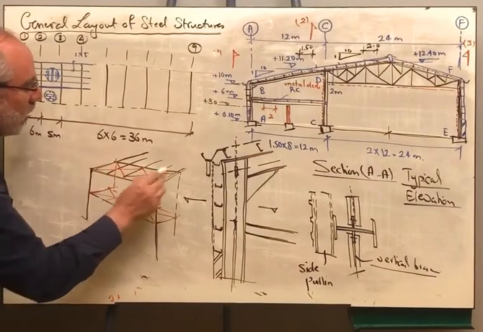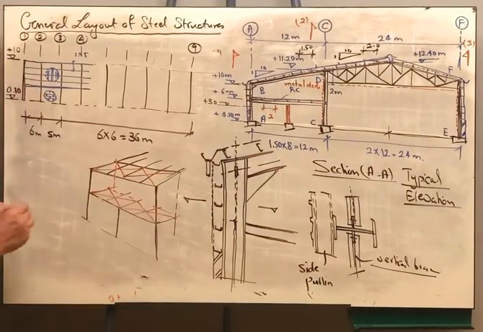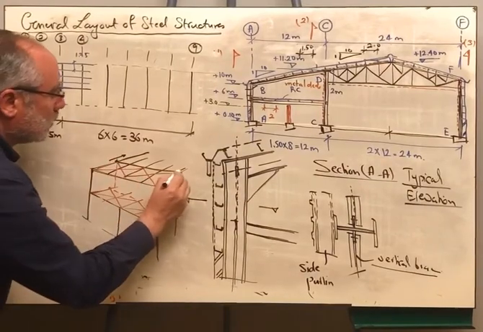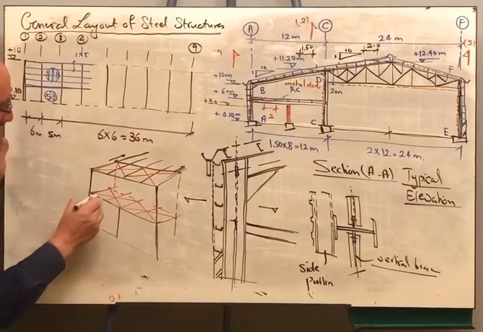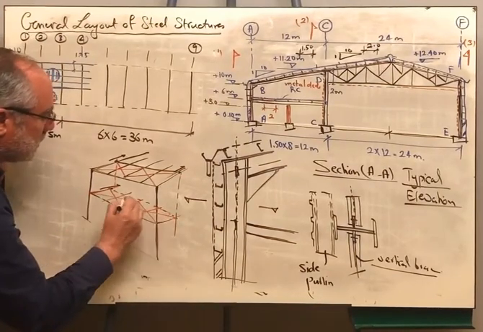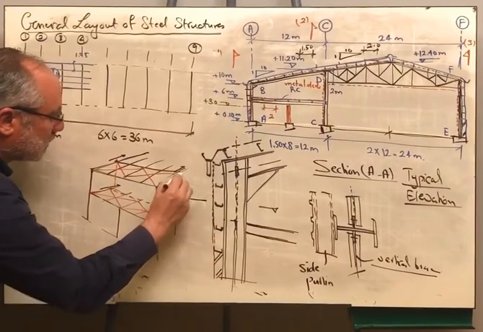Now, where does this upper bracing transfer the reaction? The reaction will be transferred at this point and at this point. And also this horizontal bracing will transfer the reaction here like that.